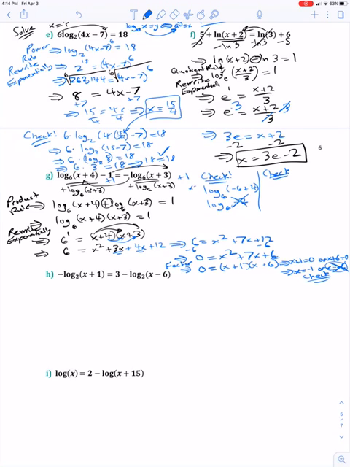Again, checking -6 didn't work. But if you check -1, we're okay. We get log base 6 of (-1 plus 4) minus 1 equal to negative log base 6 of (-1 plus 3). As we simplify that, that's log base 6 of 3 minus 1 equal to negative log base 6 of 2.